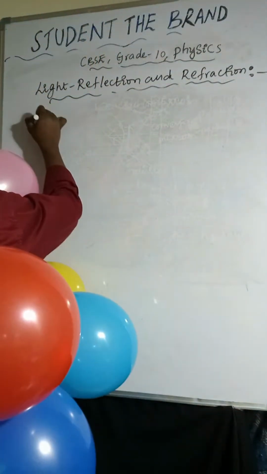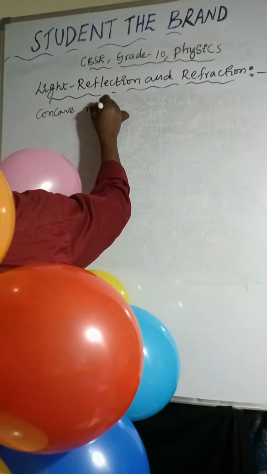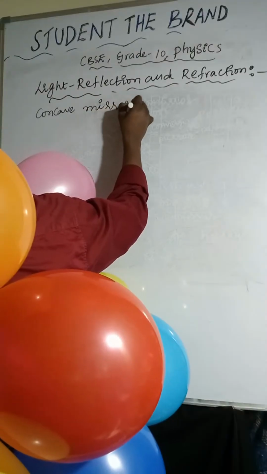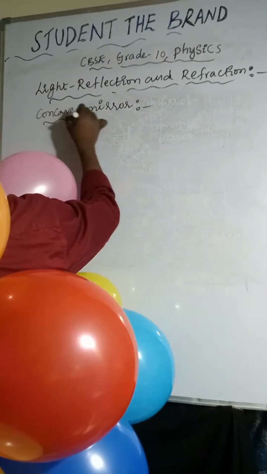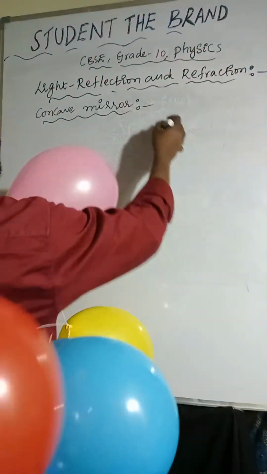Ray rules: concave mirror, and on this side we'll draw the convex mirror.